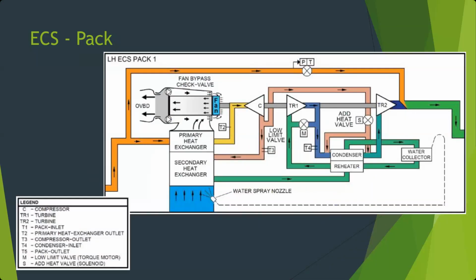Here's another one. I mentioned we can have multiple compressors or turbines, so there are actually two expansion turbines here. I'm not going to go through it step by step, but in basic form, you see hot air bypass, air goes through here, goes through the heat exchanger, gets compressed, goes through a secondary heat exchanger, goes through what's called a condenser reheater.